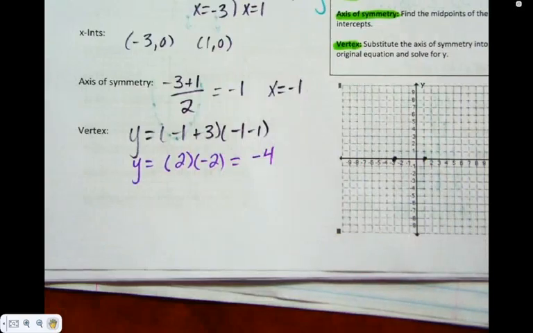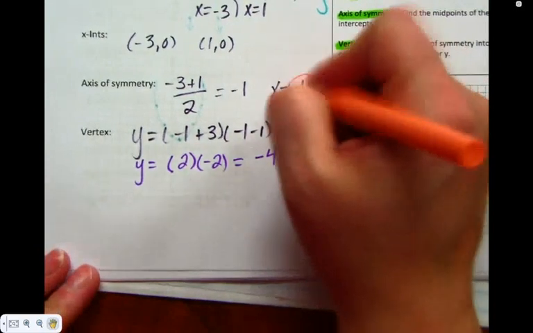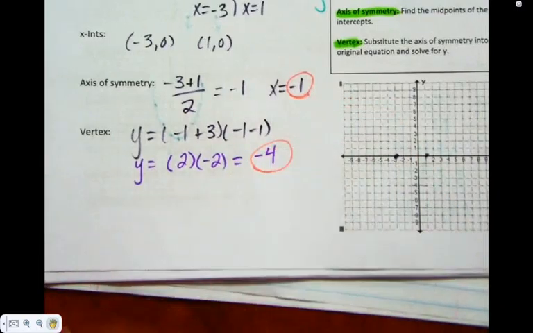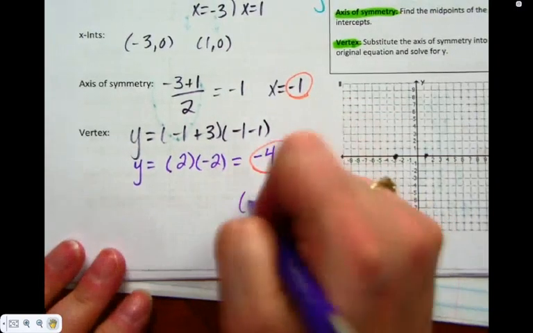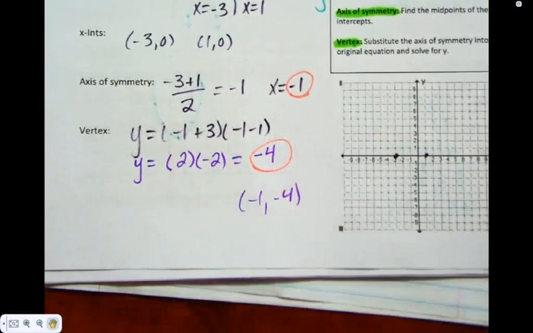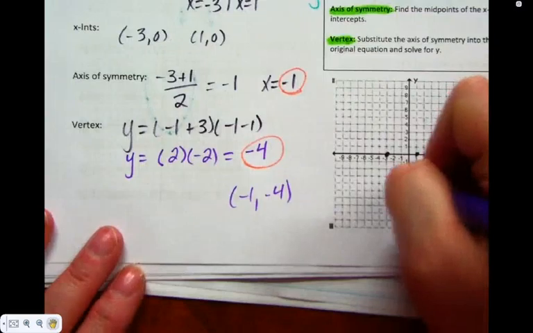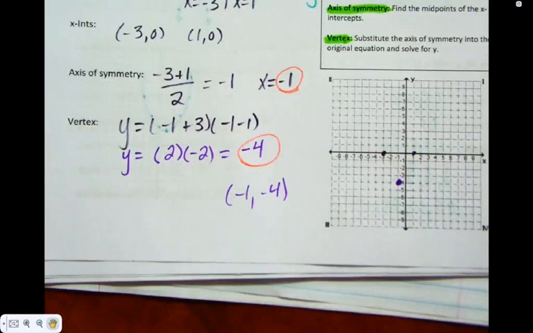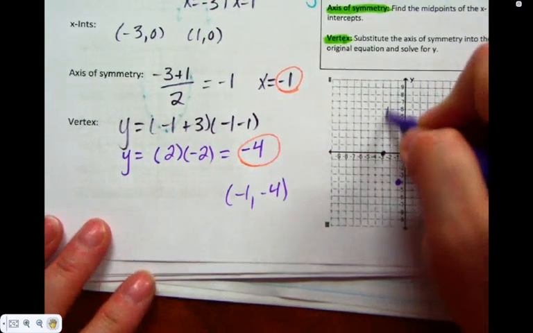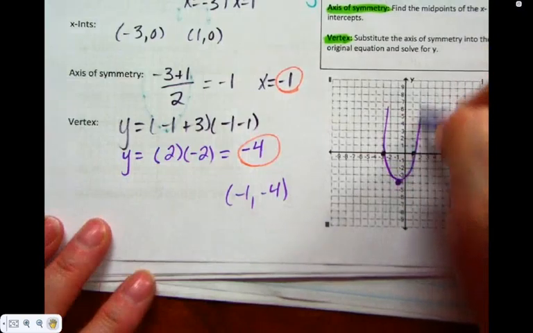Confirm -4. All I'm going to do is take the axis of symmetry and that y value and make a vertex out of it. So the vertex is (-1, -4). Plotting that point, (-1, -4), gives me the 3 points to join the parabola. Don't forget your arrows.